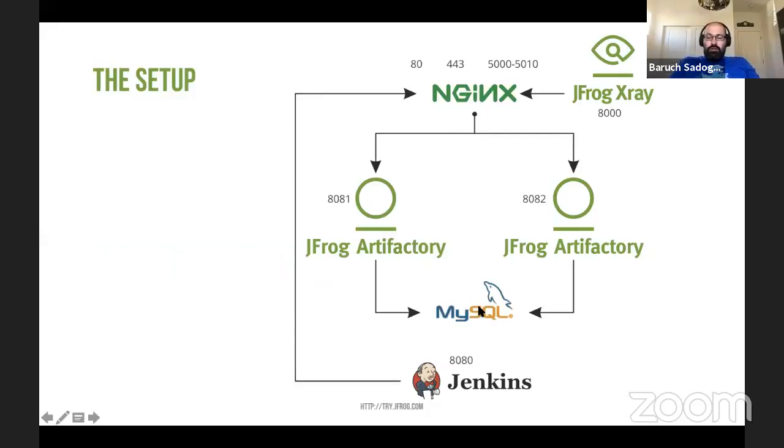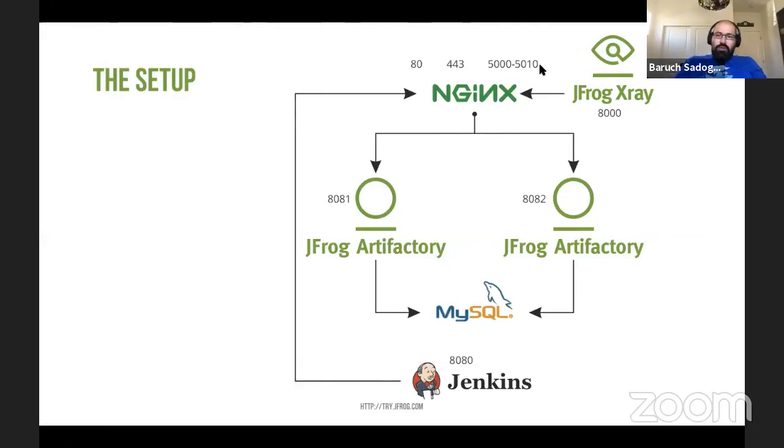They have a shared MySQL database. They have a shared Nginx that shares them on port 80 and 443 for HTTPS. And this Nginx also shares ports 5000 to 5010 for different Docker registries.